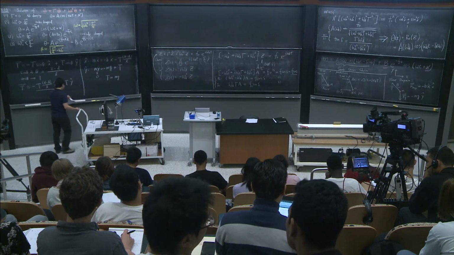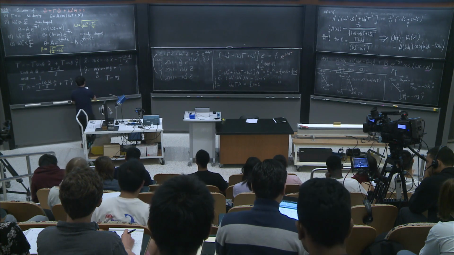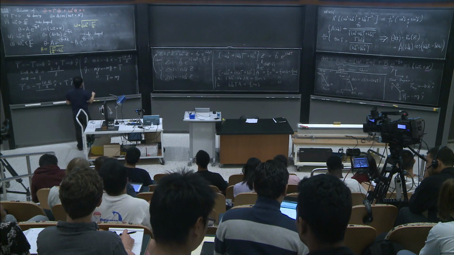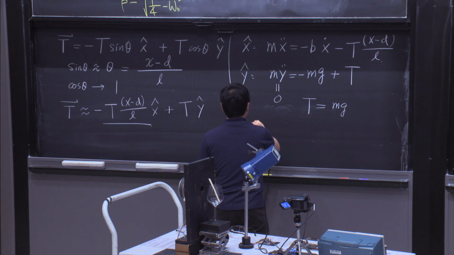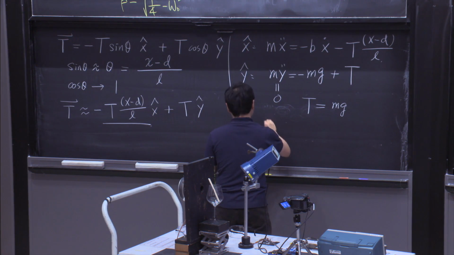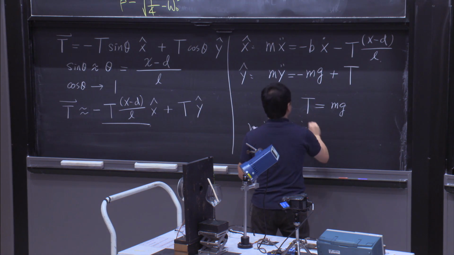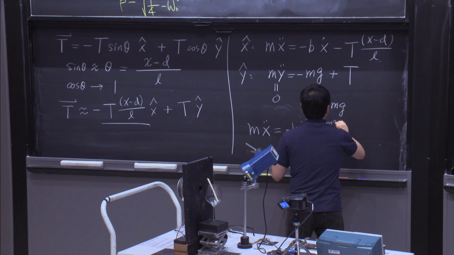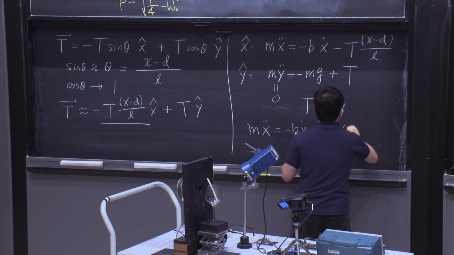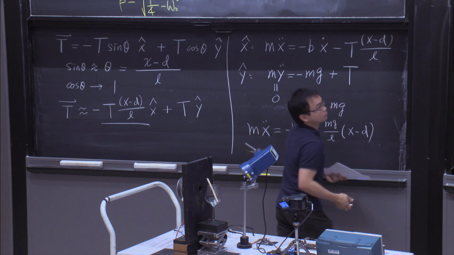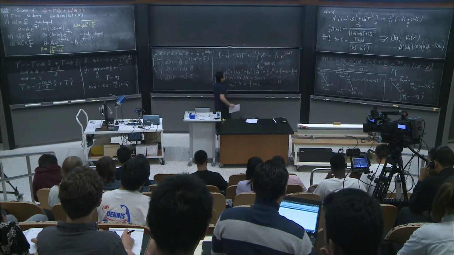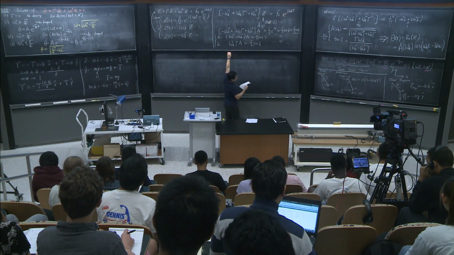Then once I have that, I can go back to the x direction. Basically, I get m x double dot equal to minus b x dot minus mg over L times (x minus d). Everything is working very well.